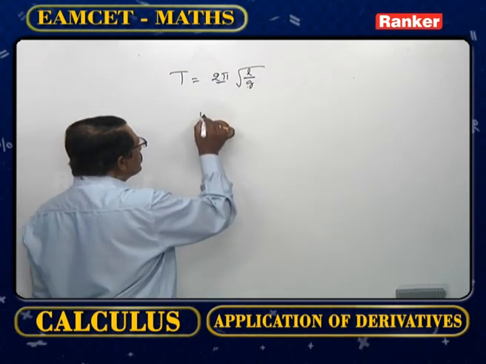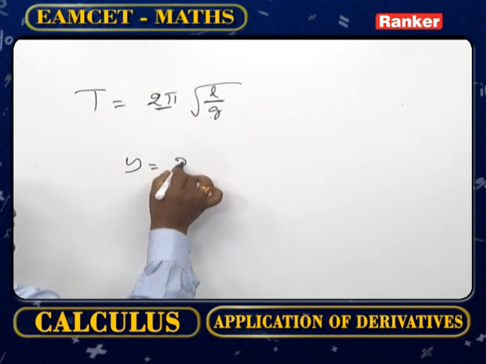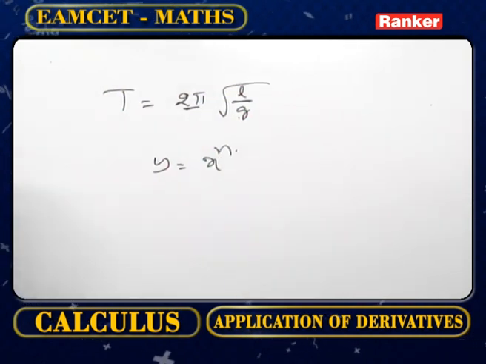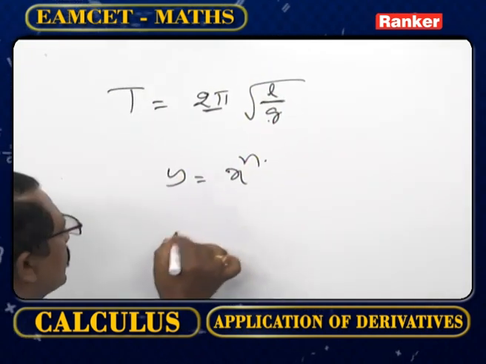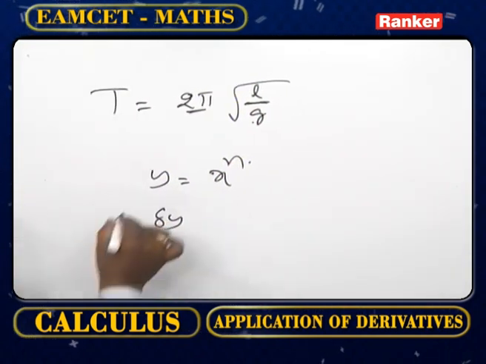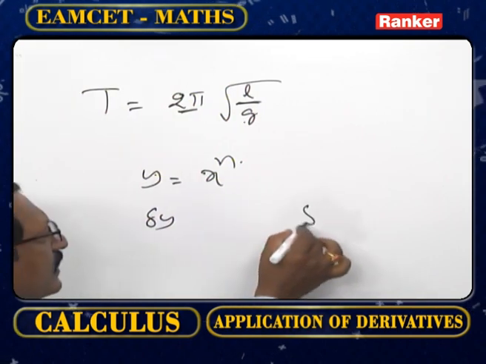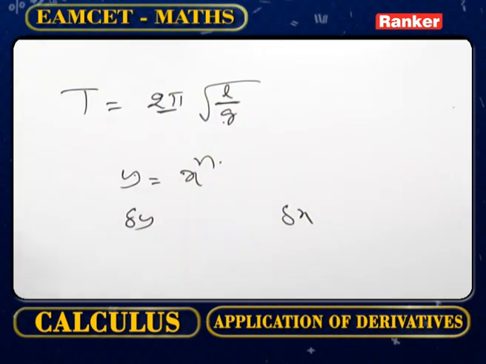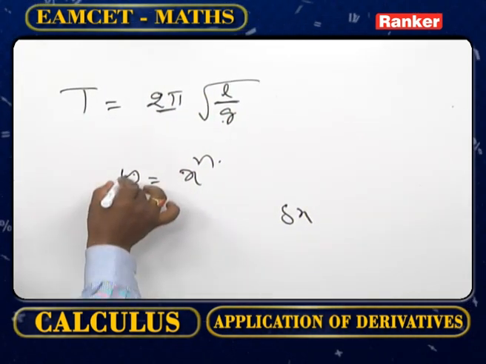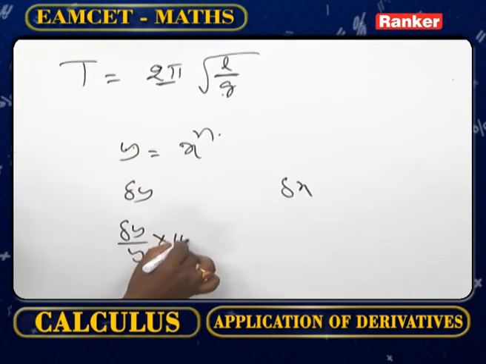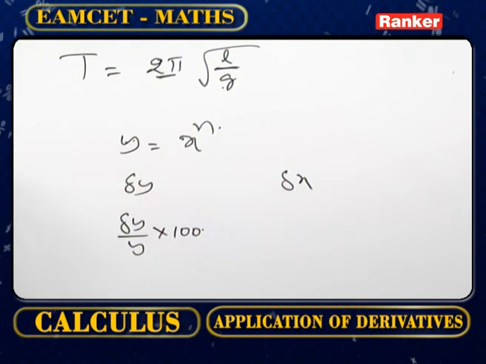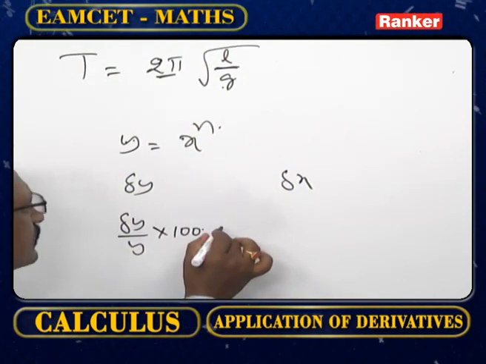Suppose y equals x power n. Delta y is the error in y and delta x is the error in x. Now percentage error in y equals delta y by y into 100.